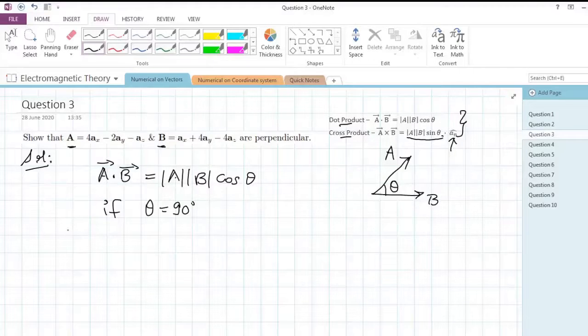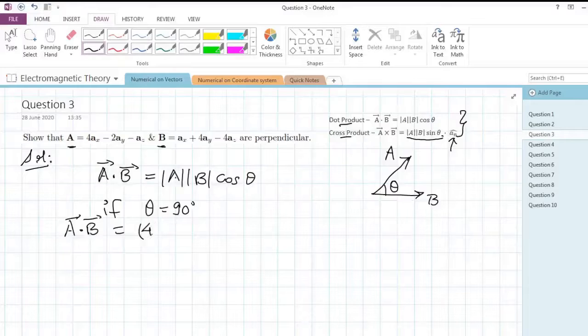So let us try multiplying A and B with the dot product method. You know that while finding the dot product, we multiply only the coefficients that have the same direction.